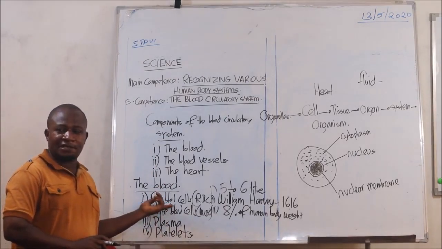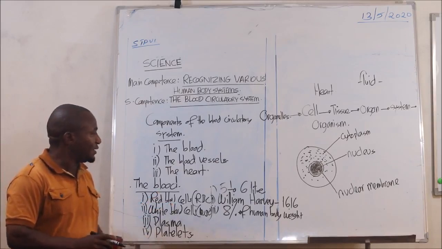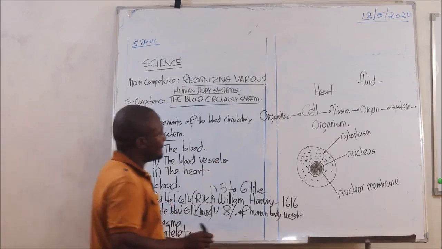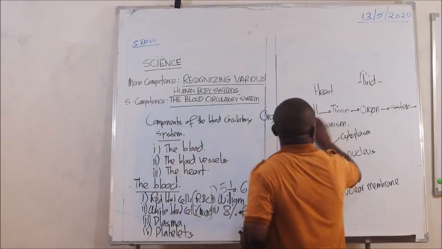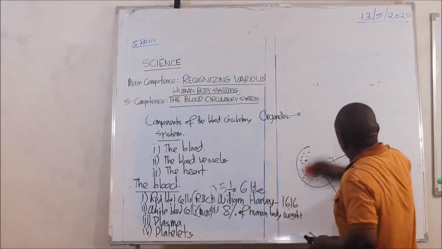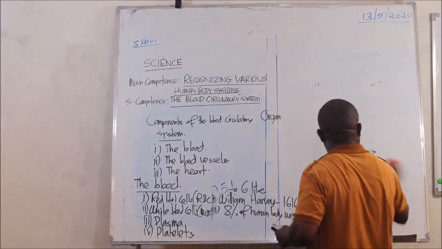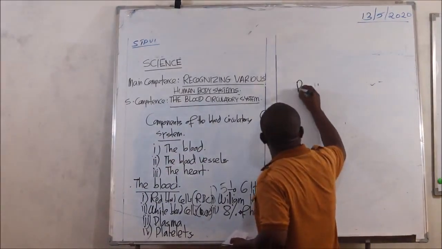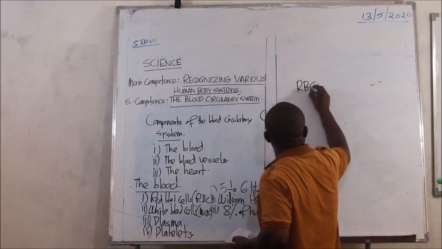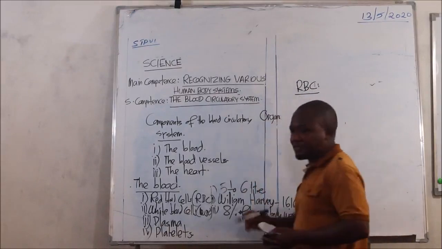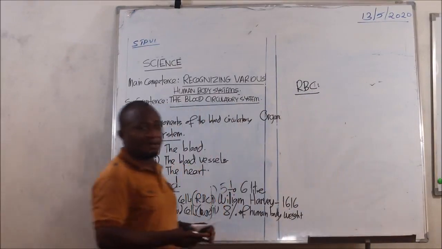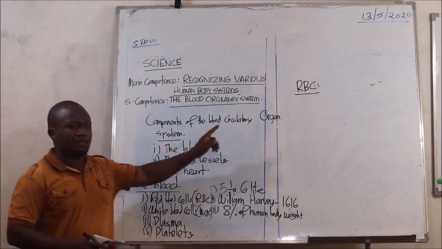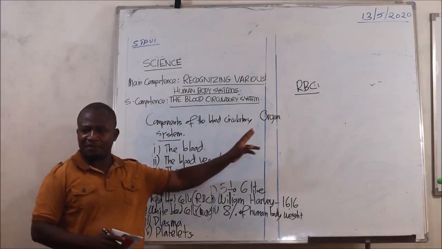To begin with the red blood cells, very quickly, I won't take time on this. The red blood cells, in short RBC, are very, very important in the human body.